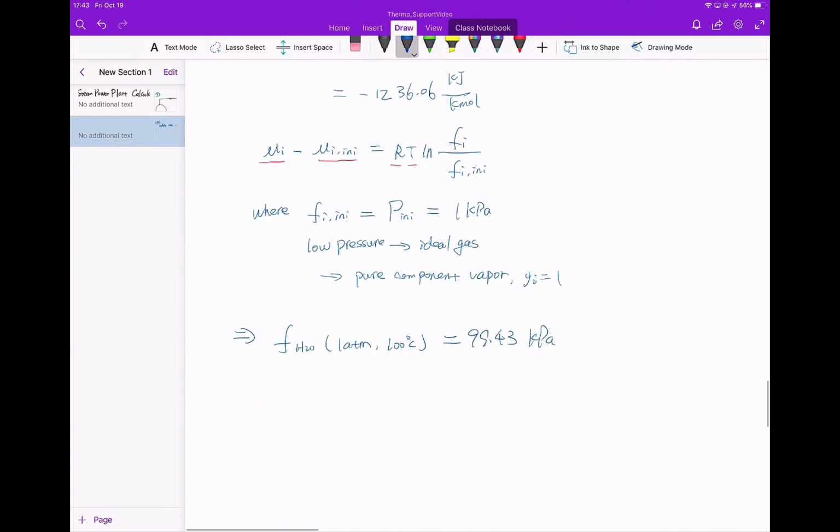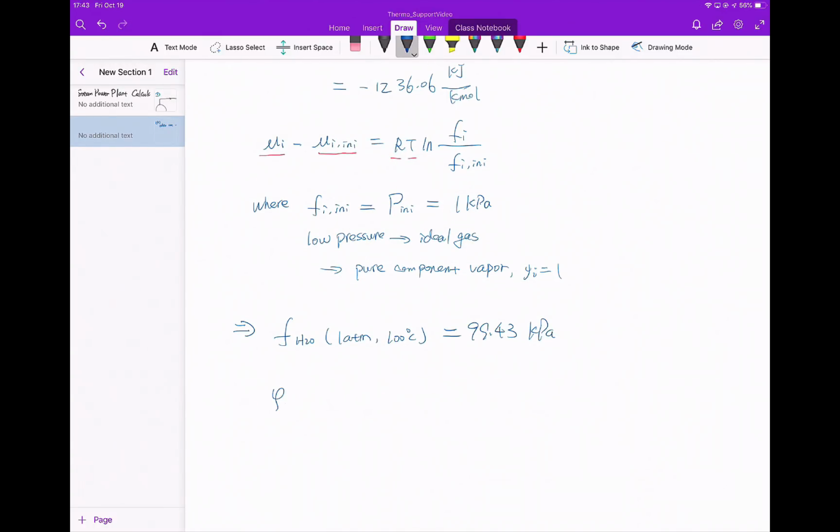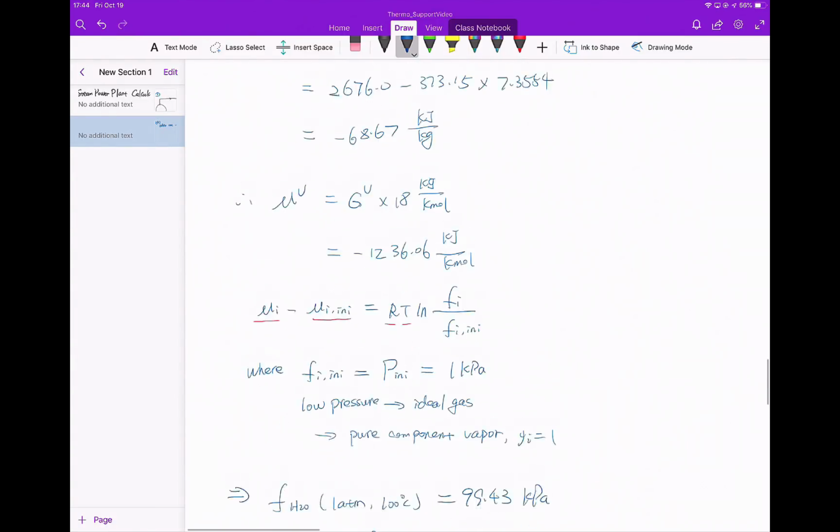Right. Then of course the fugacity coefficient at that condition would be the fugacity, the one we just calculated, over the whole system pressure, which is 180. Okay, that would be this, the problem 1.